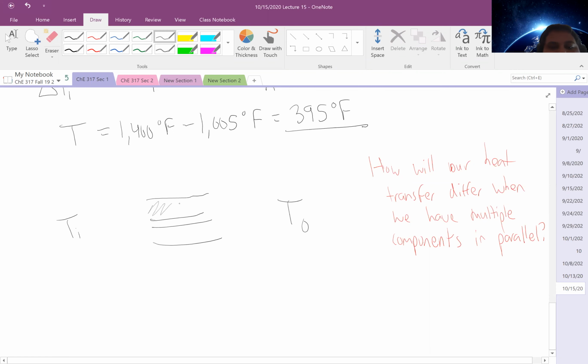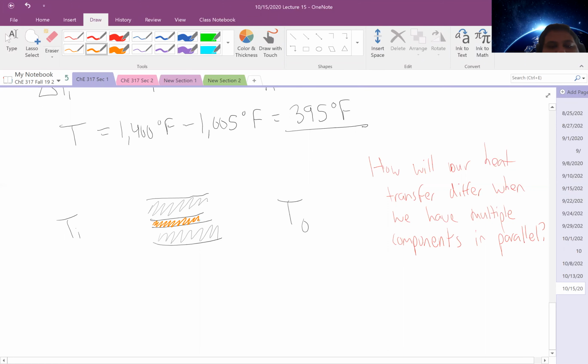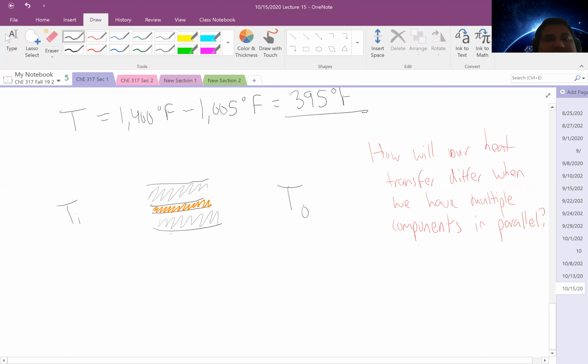So let's say I've got a wire, and it's a copper wire. So I'm going to paint it orange. So you're right in that if this is a copper wire, and these other layers are insulation, the majority of the heat transfer, thermal and electrical transfer, if that was the case, would happen in this system, right?